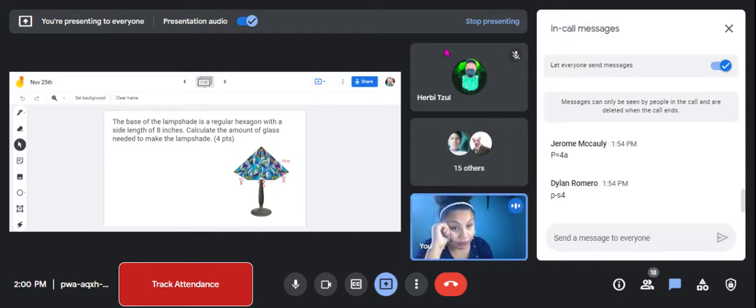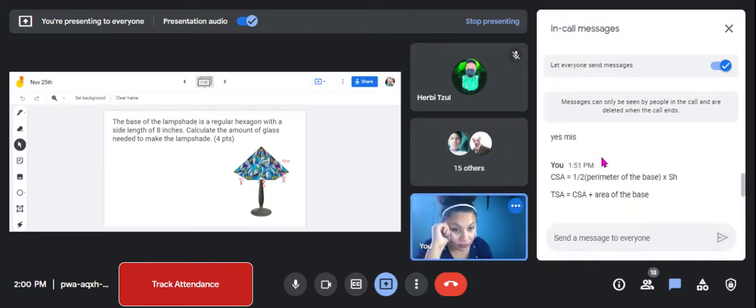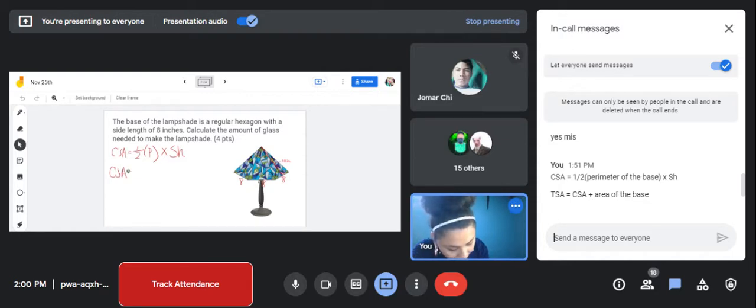So if we're using the formulas, we're going to use curved surface area is equal to half the perimeter times the slant height. Yes?